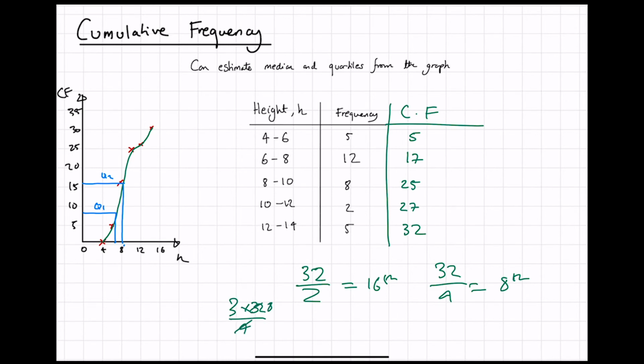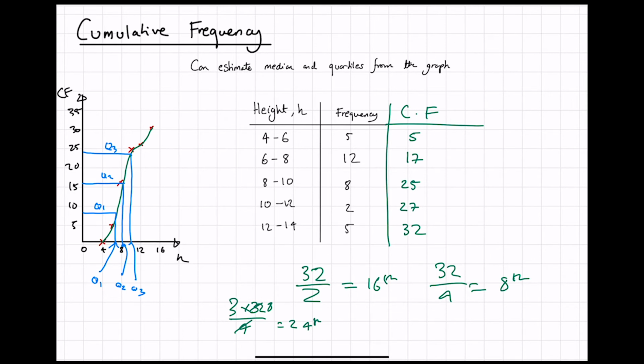So that cancels out to 8 times 3, which is the 24th value. So again, just go to here, 24th value, draw it down. And so this value here is your Q1, this one here is your Q2, and this one, whatever here, is your Q3. That's it. You just simply have to read off the diagram, and that's it.